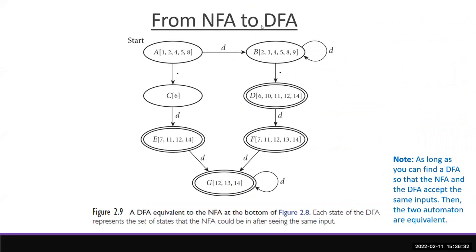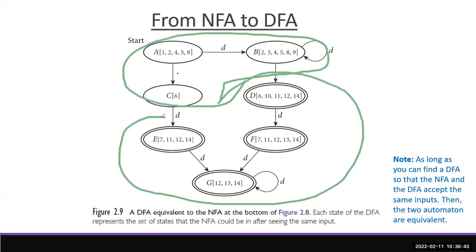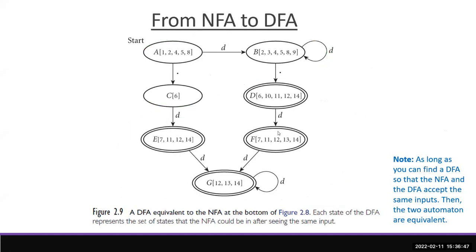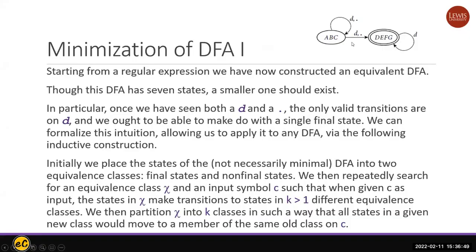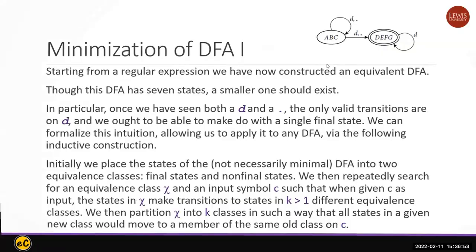We try to combine the non-final states and final states into two groups, and we will see something like this: A, B, C, three states, and D, E, F, G.